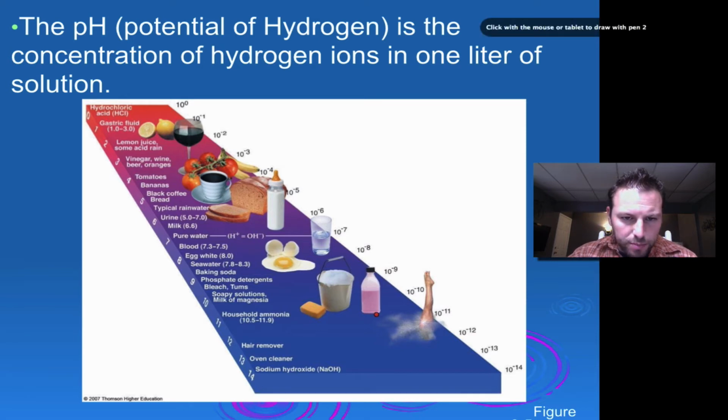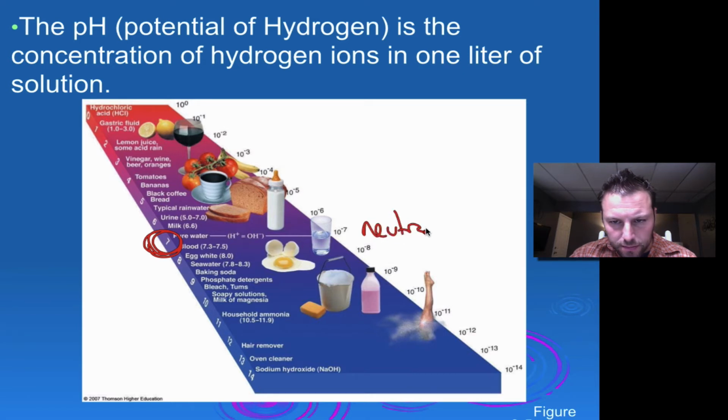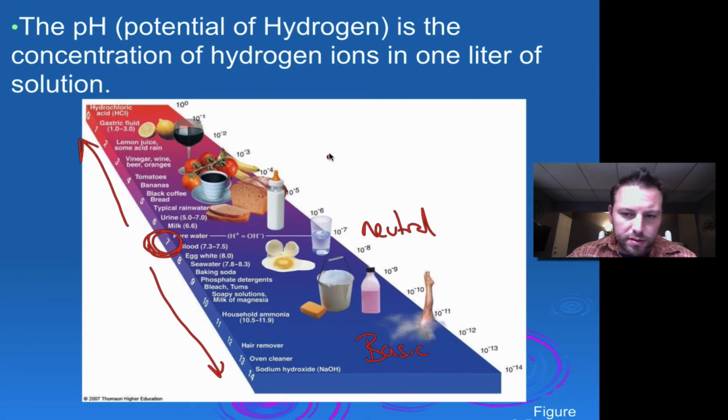We know that pure water has a pH of 7. It's neutral. As we go higher than 7, things become basic, and lower than 7, we're on the acidic end. There's really not much more to it than that.